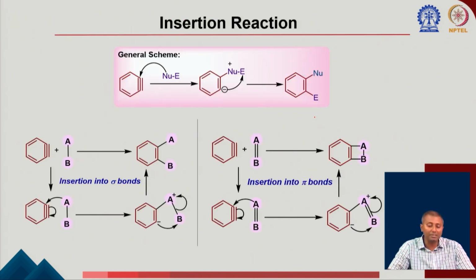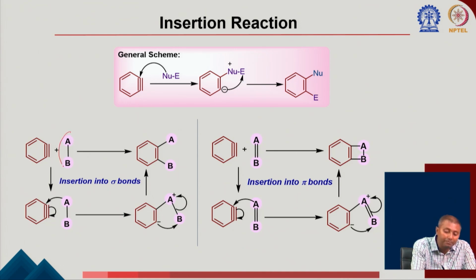In the first part of the insertion reaction, there are two different types we can talk about. First, if you see this A and B, the bond between A and B has to be weak, so that if one of them, A or B, is a nucleophile, it can attack the benzyne and generate this type of carbanion here. Now this carbanion can attack B, followed by cleavage of the A-B bond. So at the end, part A is coming on this carbon and part B is coming here.